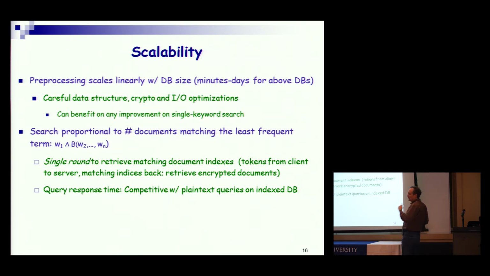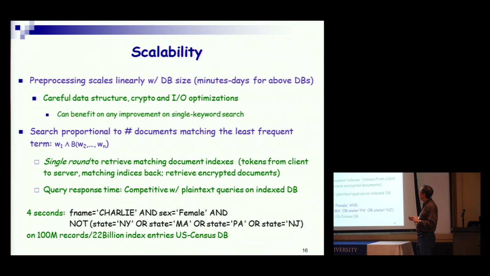The communication itself is a single round in which the client sends tokens, gets back the indexes of documents that match the query, and now the client can go and retrieve the documents. And the query response time is basically competitive with plaintext queries. There is quite a lot of variability depending on the query and depending on the data, but at a high level and without getting into exact times, that is what happens.